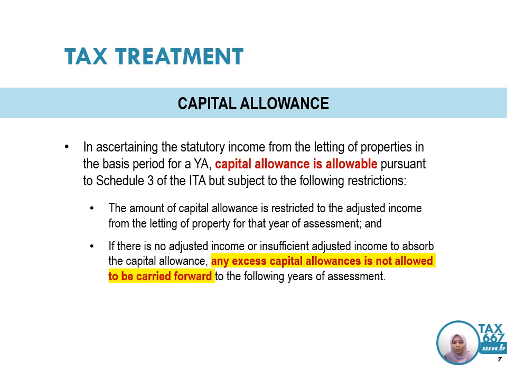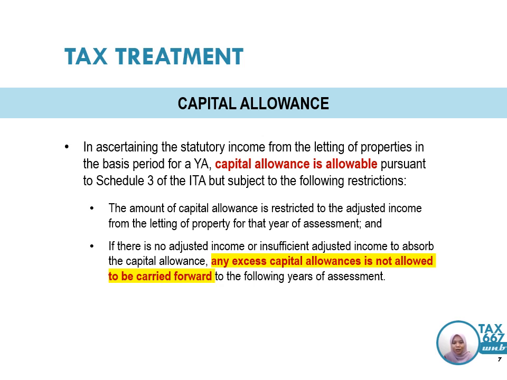Kalau bisnes biasa, CA yang tak habis guna, unabsorbed CA, we are allowed to carry forward. However, untuk REITs, any excess capital allowance is not allowed to be carried forward. So, sampai tahun tu je. Kalau you tak habis guna tahun tu, you tak dibenarkan untuk bawa ke tahun-tahun depan. Dia sama macam business loss tadi, sampai di situ sahaja.